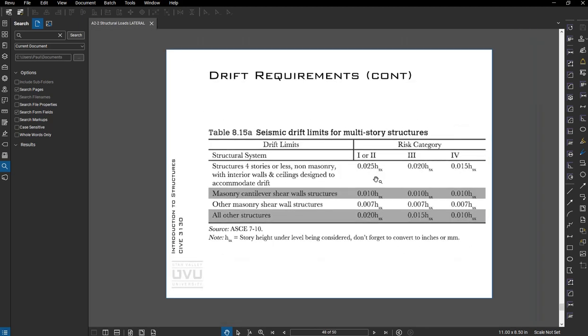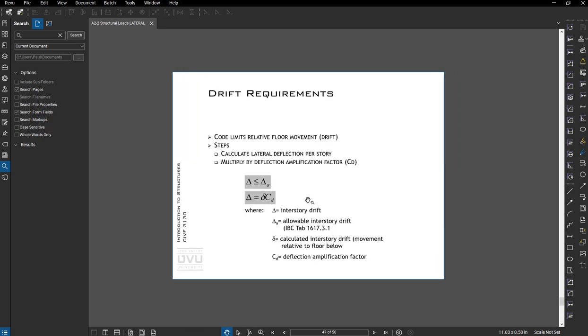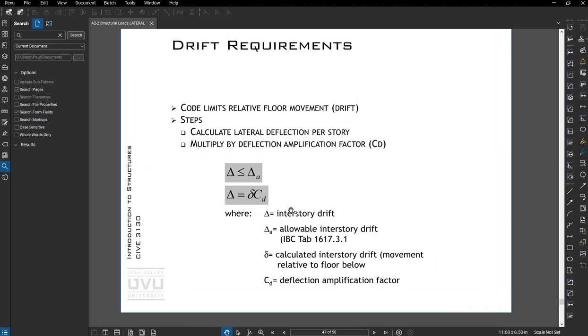limit the drift to. We calculate the limit, which is this delta A allowable. We calculate the actual drift from the model or by hand, and then we multiply it by this deflection amplification factor, C sub D, which accounts for the fact that we divided our seismic force by an R factor of a substantial value usually.